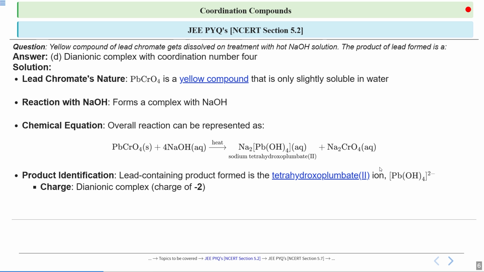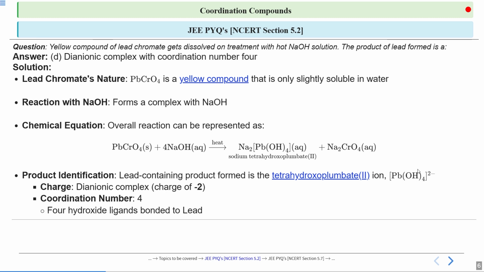The charge on this complex is basically -2. So it is anionic because of the negative charge, and of magnitude 2, so it is a dianionic complex.